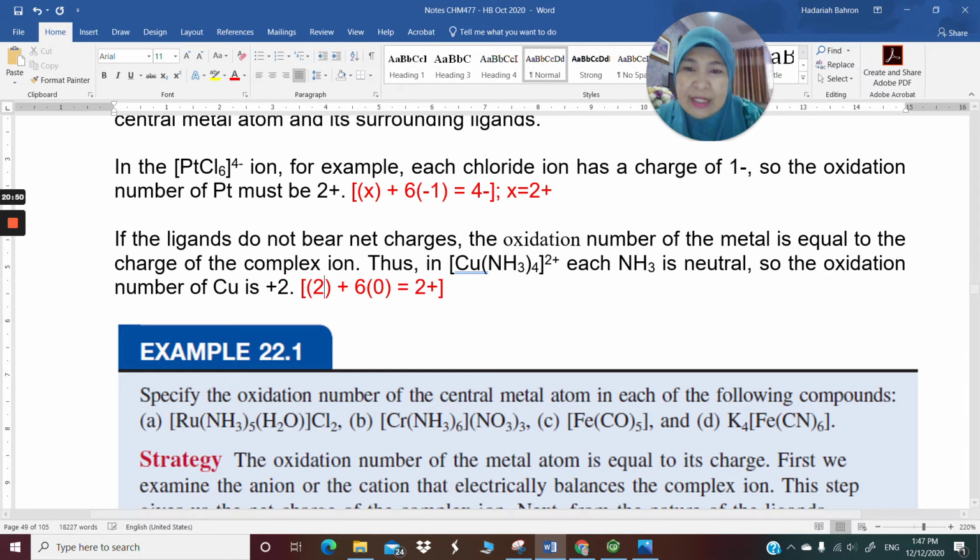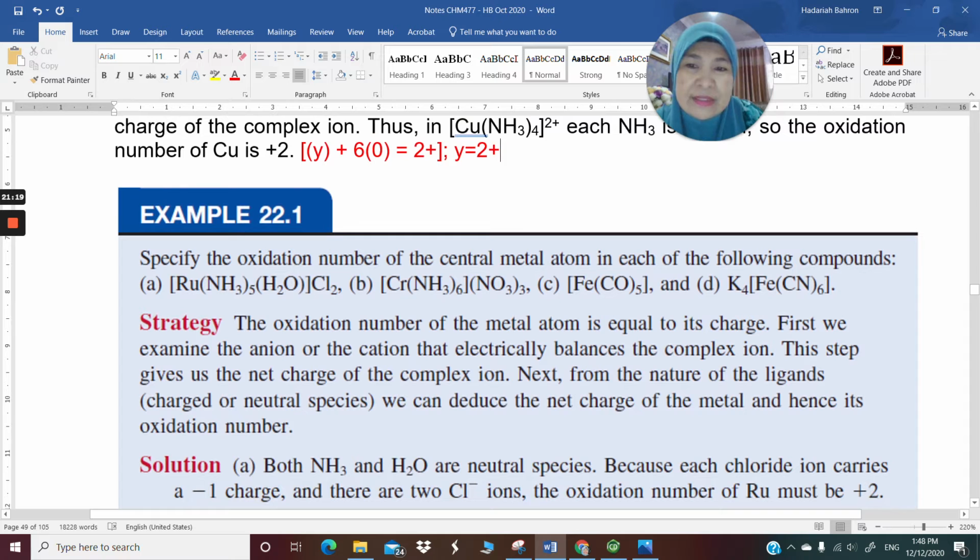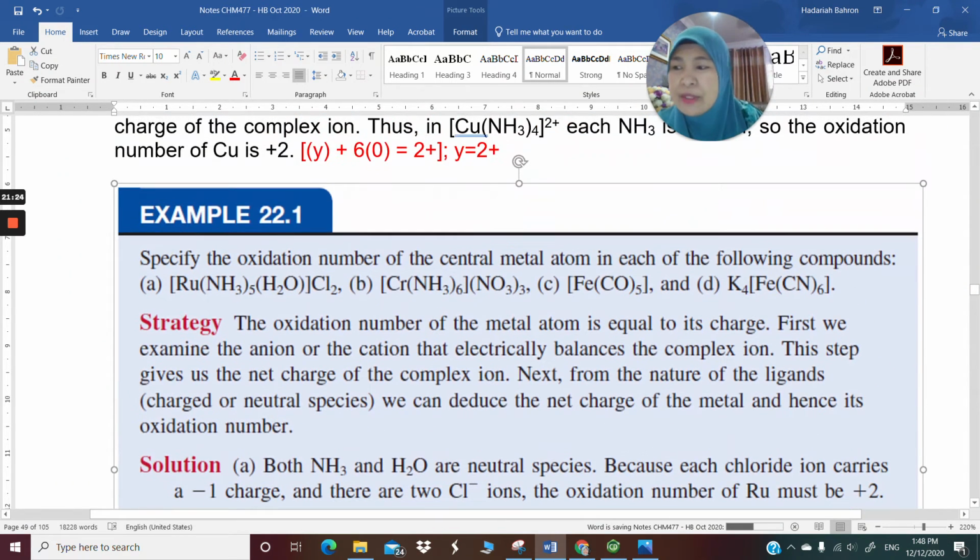Again, let's put this y plus 4 times 0 because ammonia is neutral, so you're going to have y is equal to 2 plus. So your oxidation state of copper, which I put as y here, is 2. So that's how you work out the oxidation state of your metal center. That is an example that I have given you with how you work it out.